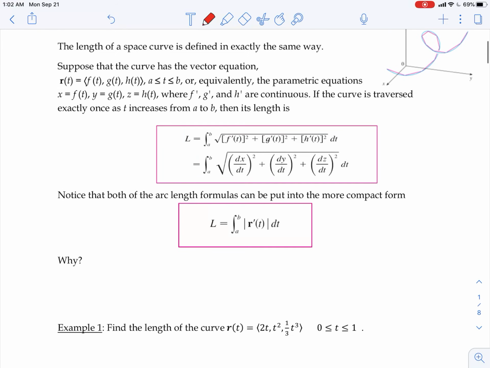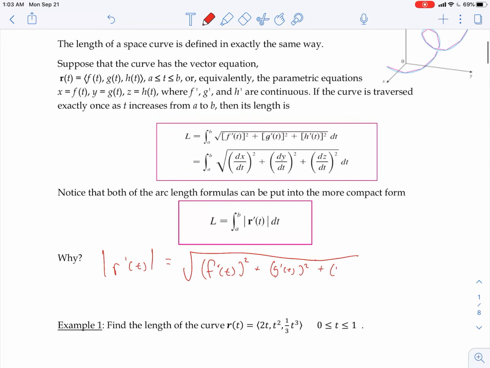Now you might want to say, why? It's just because we know what the magnitude of r prime of t is. If I'm asking you to find the magnitude of r prime of t, then what that is, it's just the square root of the derivative of our x component squared, plus the derivative of our y component squared, plus the derivative of our z component squared.